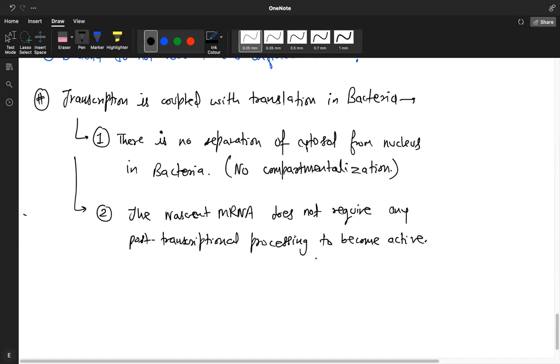This happens in eukaryotes. So both these two things are not a barrier in prokaryotes.